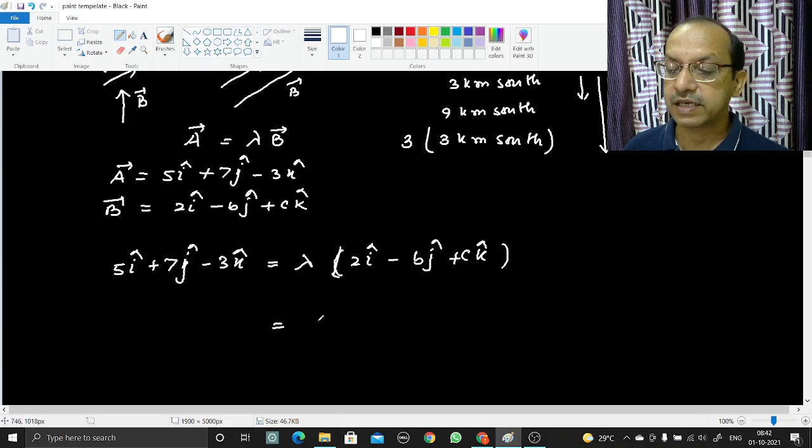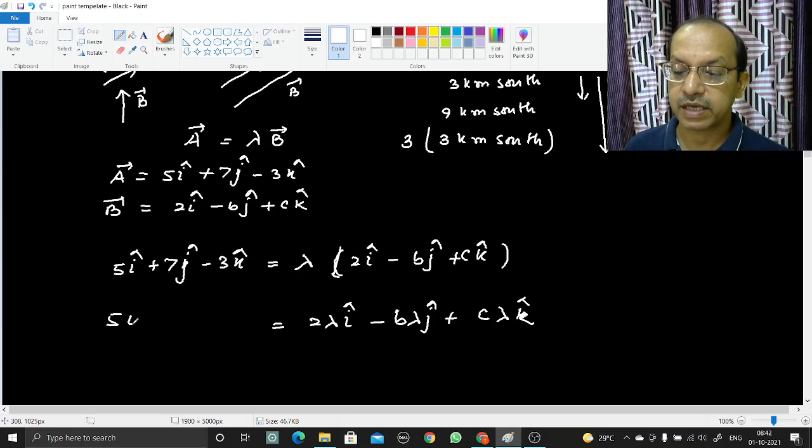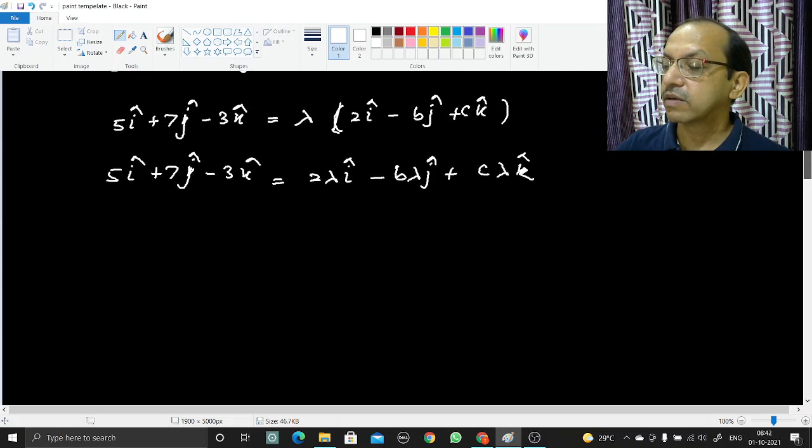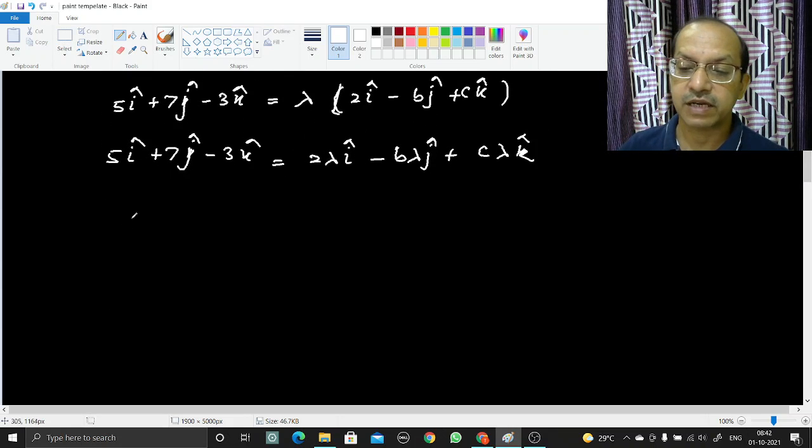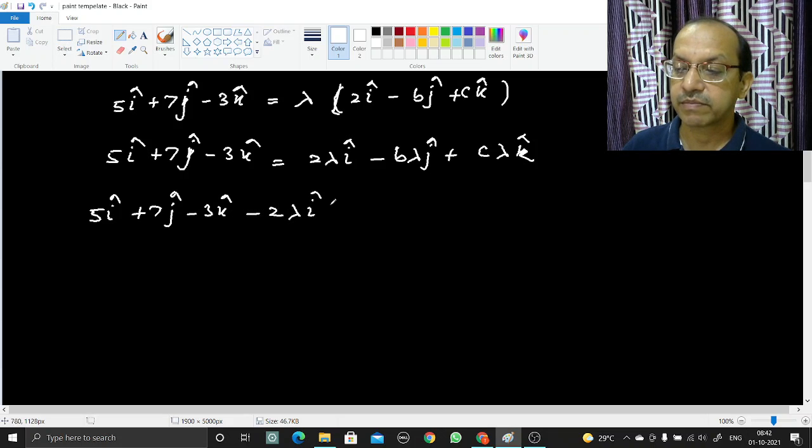Multiply this lambda inside: 2 lambda i cap minus b lambda j cap plus c lambda k cap. We will move all the right hand side terms to the left hand side, that is 5i cap plus 7j cap minus 3k cap minus 2 lambda i cap plus b lambda j cap minus c lambda k cap equal to 0.